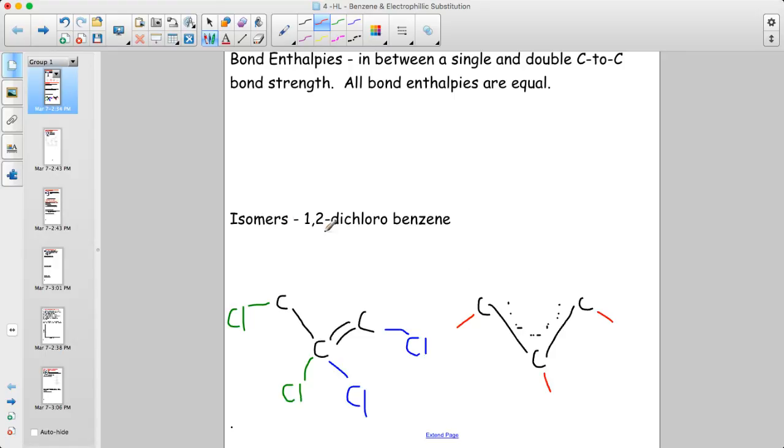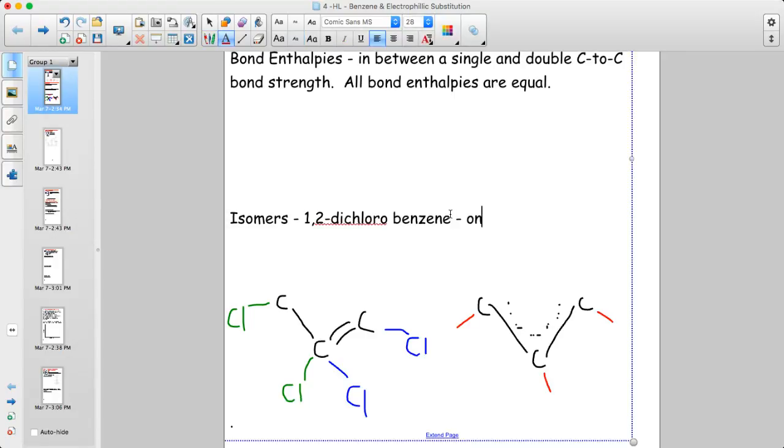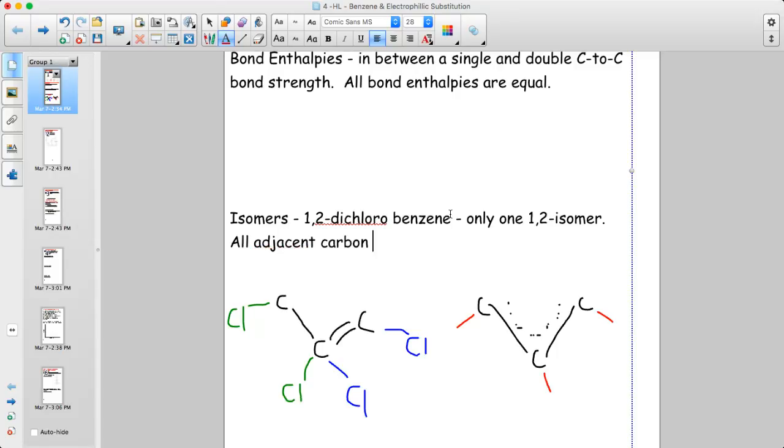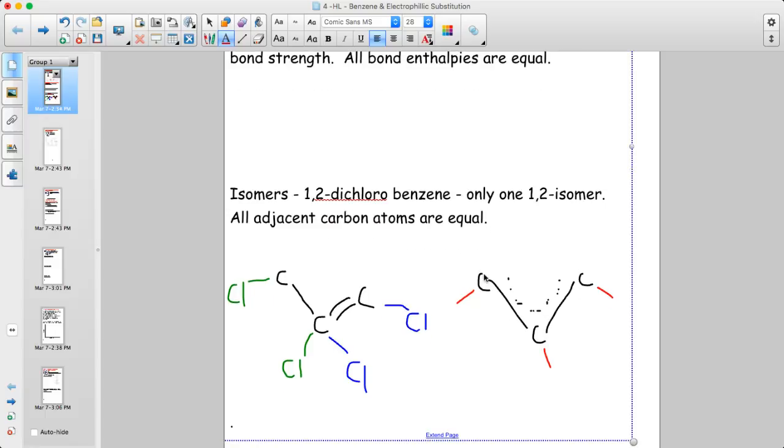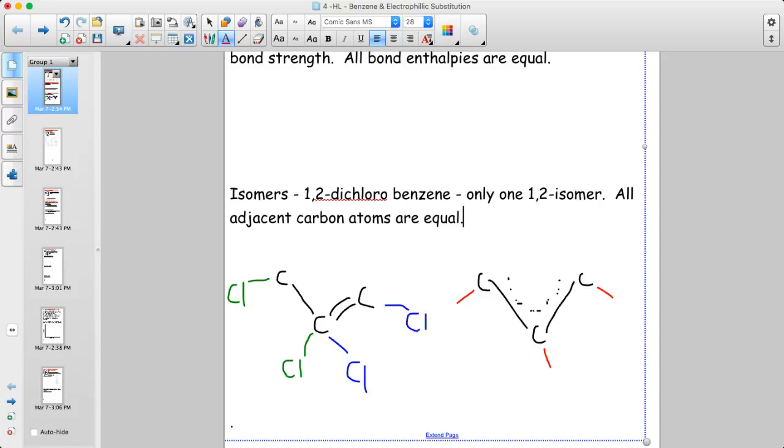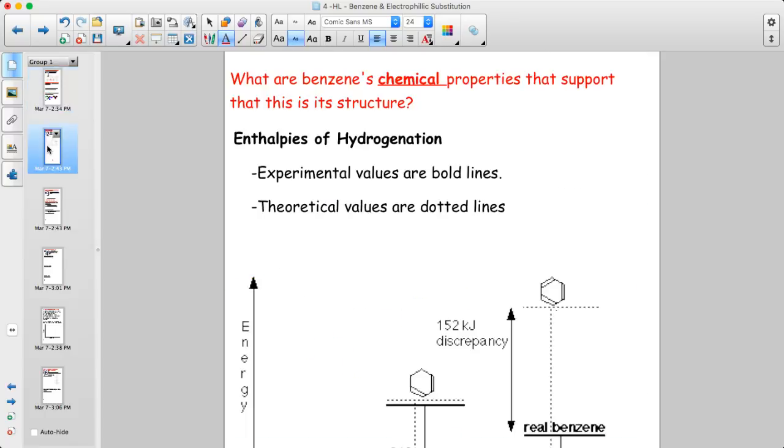So the physical properties related to isomers is just that there is only one 1,2 isomer. All adjacent carbon atoms are equal. Okay, so they're not different depending on the double versus single bond. That delocalized ring means that any combination of a 1,2 is going to be the same as any other combination of a 1,2. Okay? That's the physical properties.